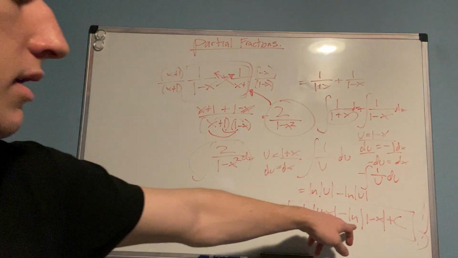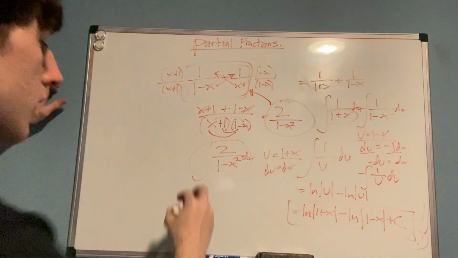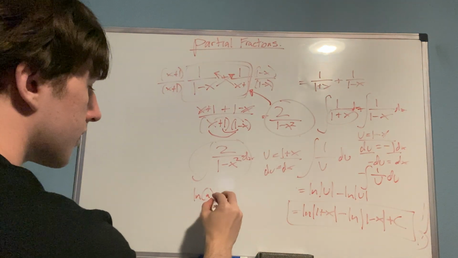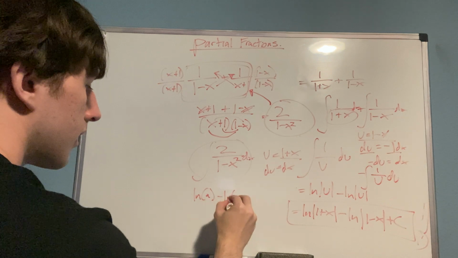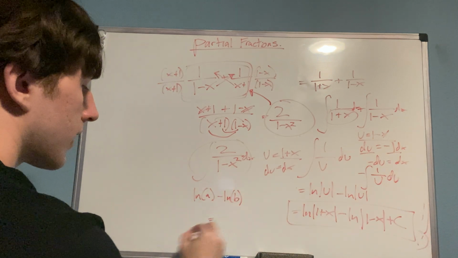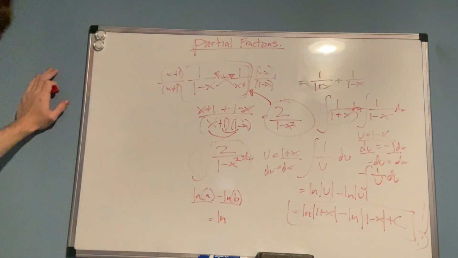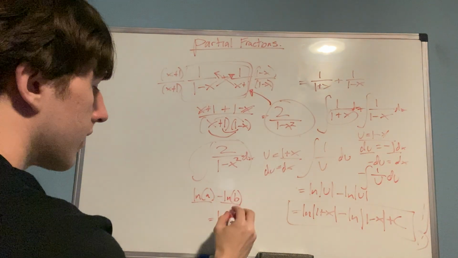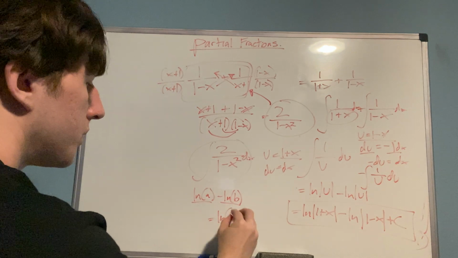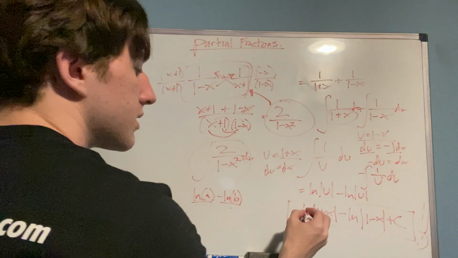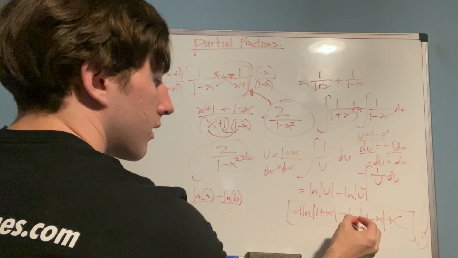And so you can actually simplify this if you want, if you know your natural log properties. If you have ln of a minus ln of b, that's just the same as ln of a over b, since they have the common base here. You can simplify this since they just have a common base on each side.